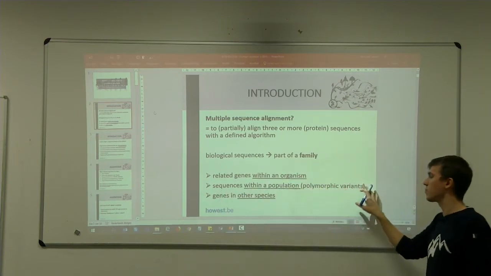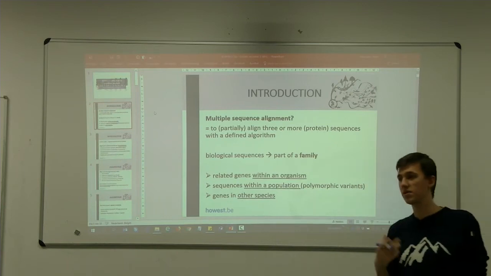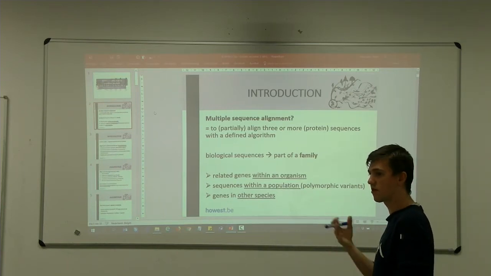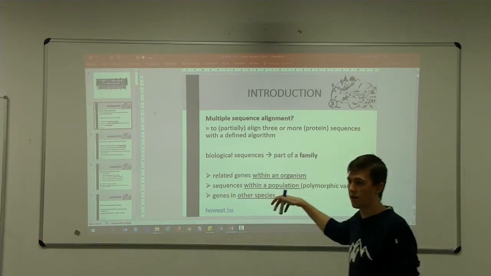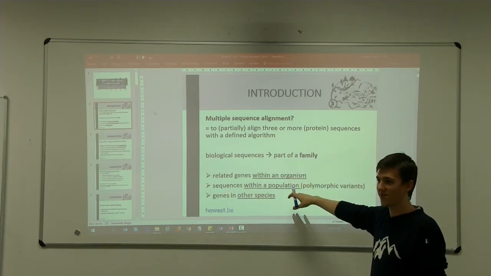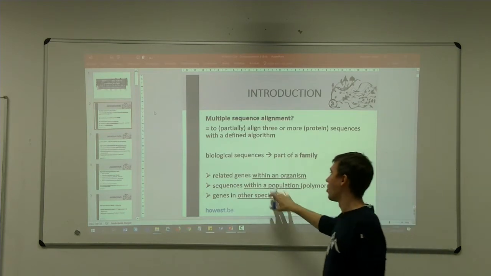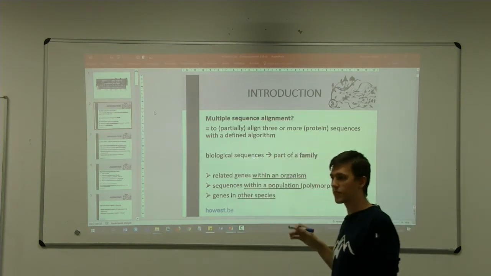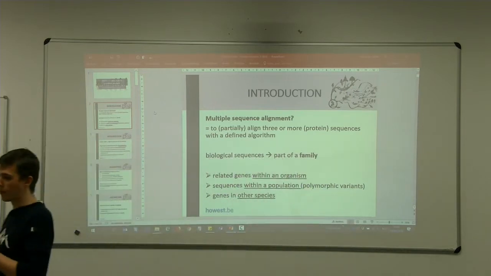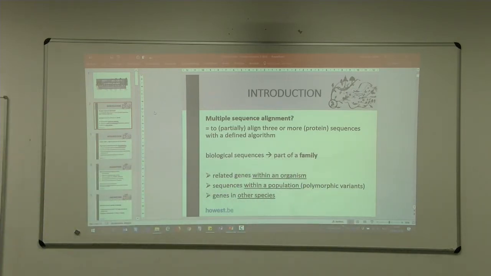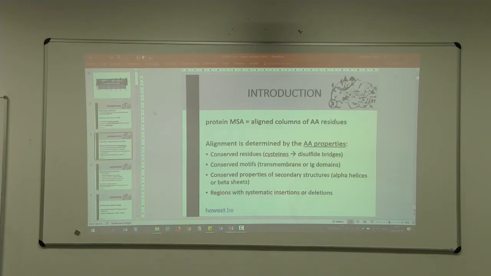We call these polymorphic variants, or we can call these alleles, so the different alleles that are possible on a location. Or this can be genes in other species, and these we call orthologs, or a combination of these 3. So it's possible to bring them all together into one multiple sequence alignment, and to use this multiple sequence alignment to actually create a phylogenetic tree.